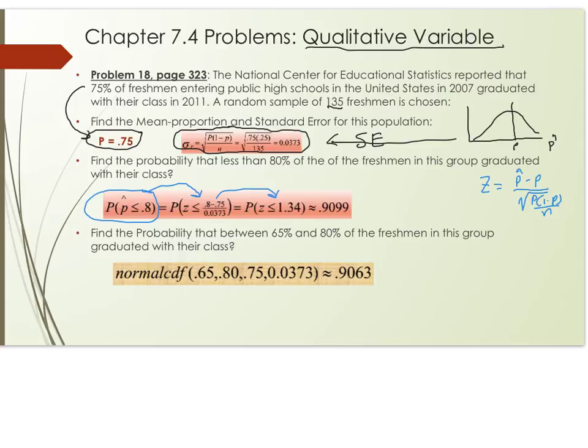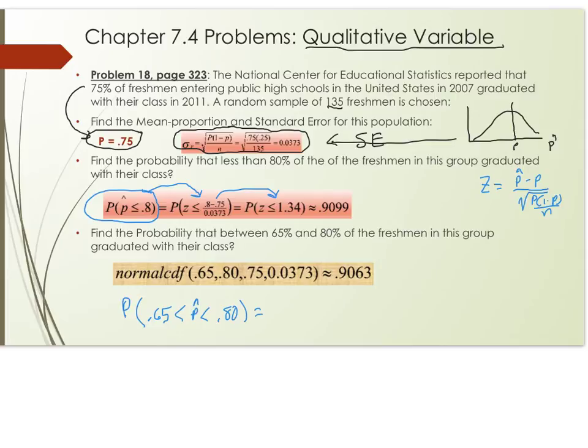Find the probability that between 65 and 80% of the freshmen in this group graduated with their class. Again, the probability statement is 0.65 less than p hat less than 0.80.